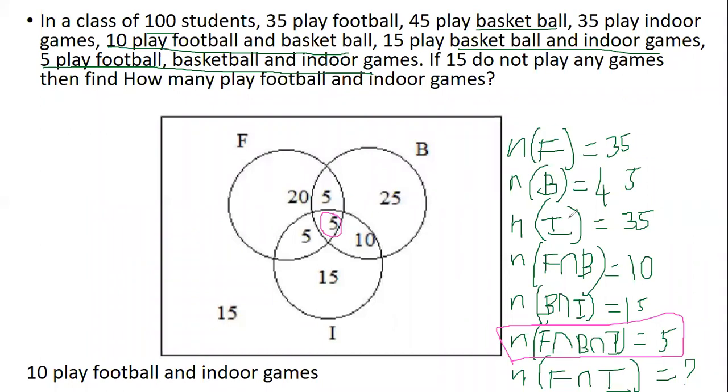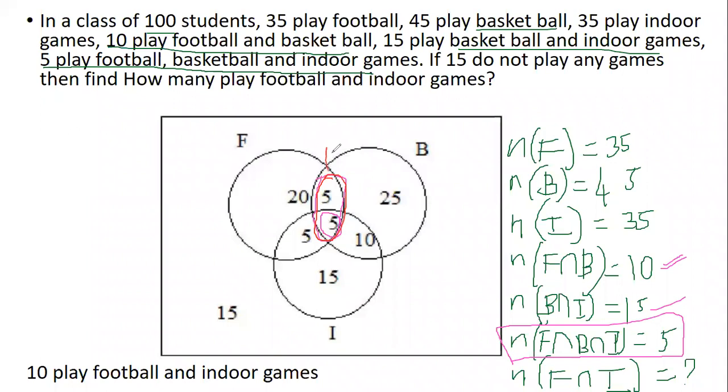Correct. Now going on further, we have intersections given. Let us first write down the intersections. Once we write the intersections, only then we will be able to get the other parts. First we will take F intersection B. F intersection B is totally 10, which means this part totally is 10.